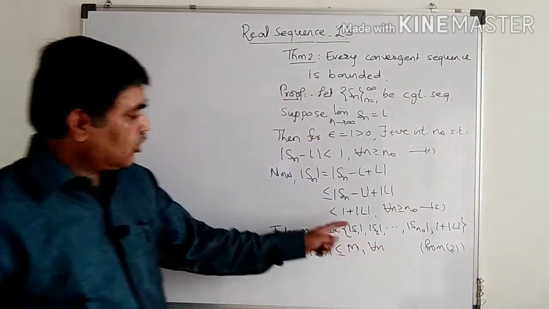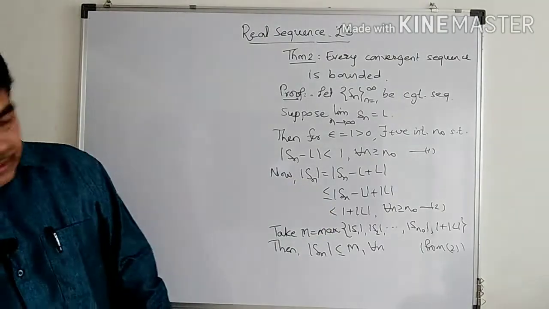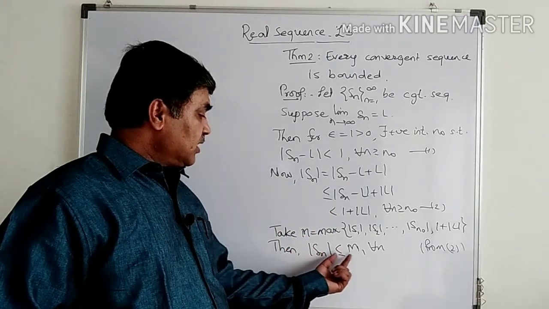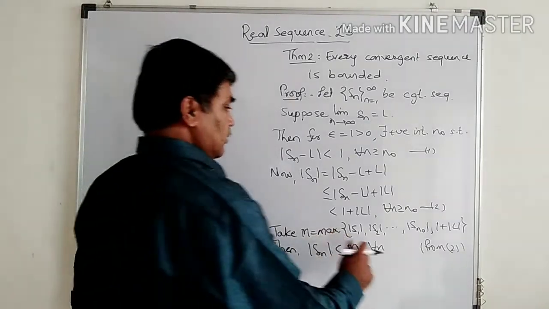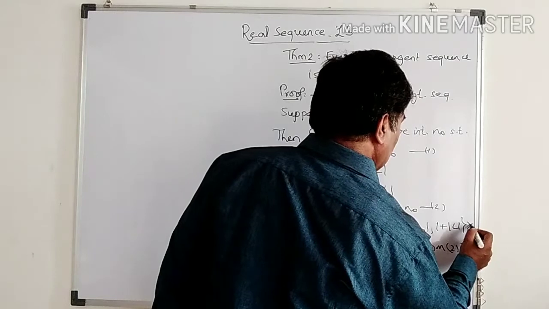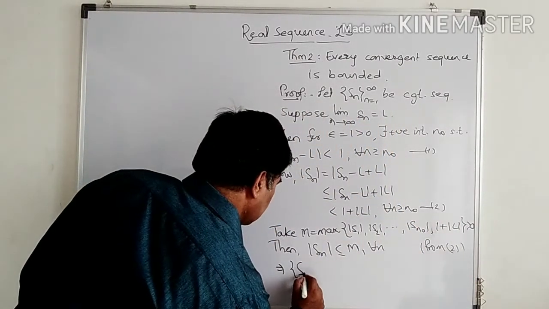After n greater equal n naught, all mod Sn's are less equal 1 plus mod L, and due to the choice of m, mod Sn must be less equal m for these values, and m is a positive real number. This implies Sn is a bounded sequence.